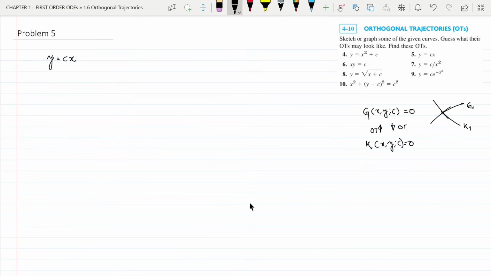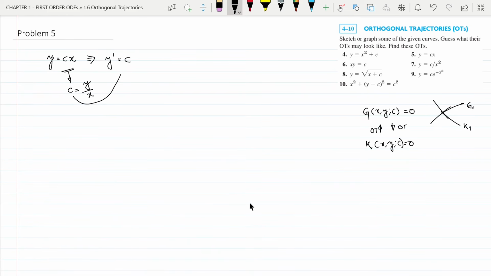So the given is y equal to cx, which implies y dash equal to c. So we have found the slope, but this is not an acceptable ODE because as we have discussed, we have to eliminate the constant c. So to eliminate the constant c, we will take help of this equation, the original family of curves, and from here we can write c equal to y by x.